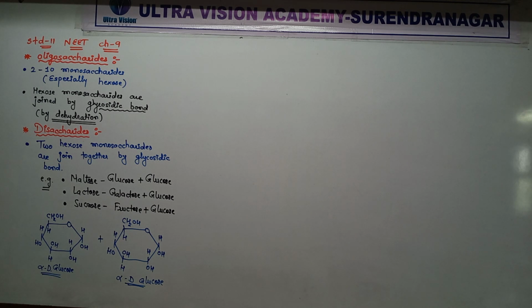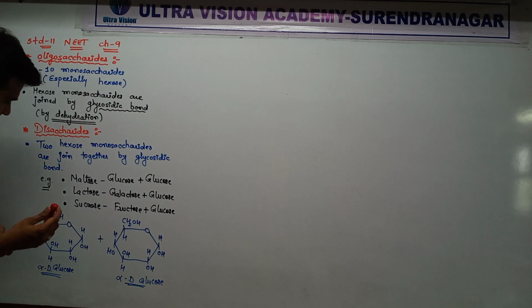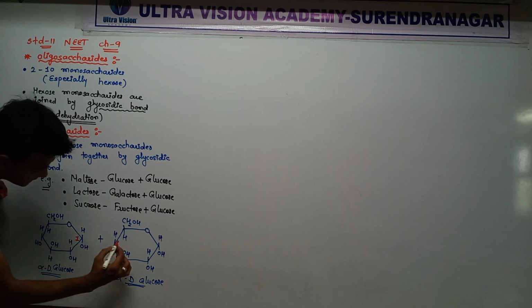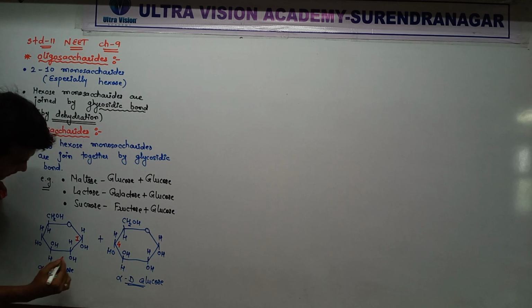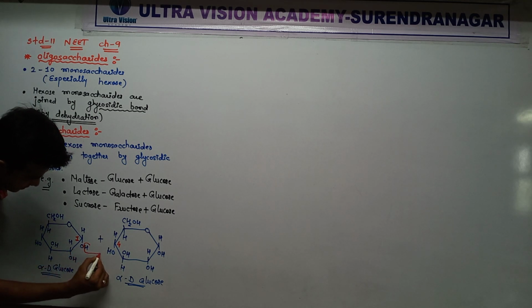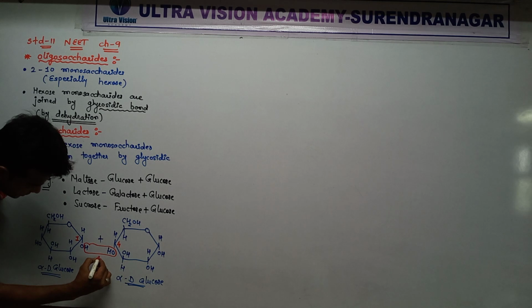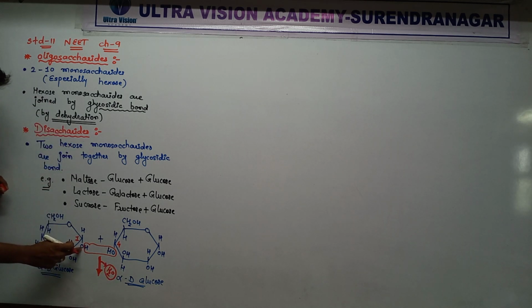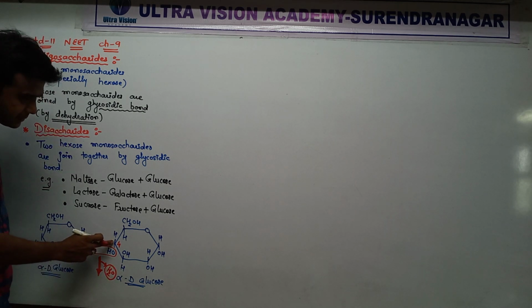Okay, so here what happened: two molecules of alpha D glucose. You see that this is the first carbon of the alpha D glucose and this is the fourth carbon of the alpha D glucose. So here H from this and OH from this, with the help of a dehydration process, water is released. Fine. So this oxygen's one valency remains and this carbon's one valency remains.